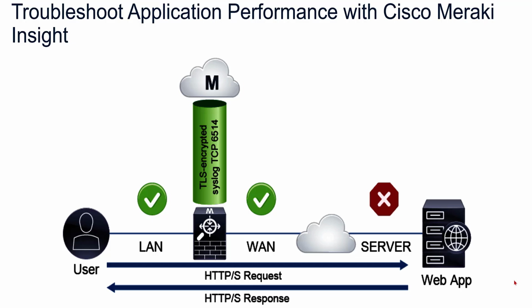There is some performance impact and there are some design considerations. The performance impact is actually relatively minimal on the MX because we actually don't even need span ports. We're not using external collectors, so we're not running any overlay tunnels or anything like that.